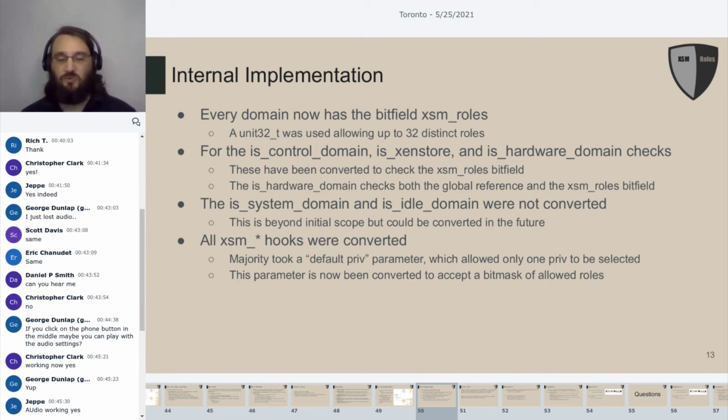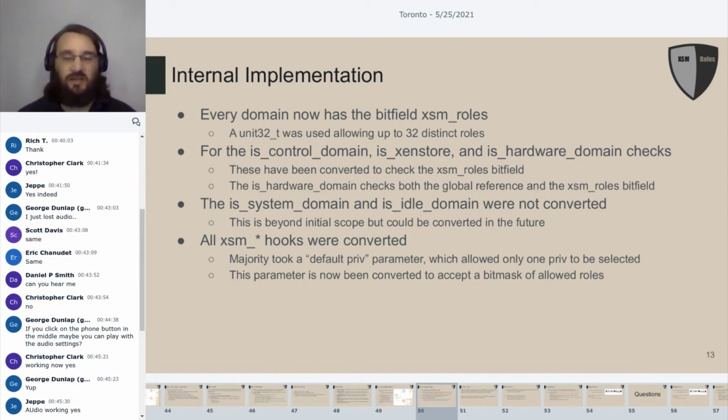It used to just pull a global reference for it, so we kept that global reference there, but we added a double check that the domain does match the global reference and that it does have the bit field in its hardware domain check.